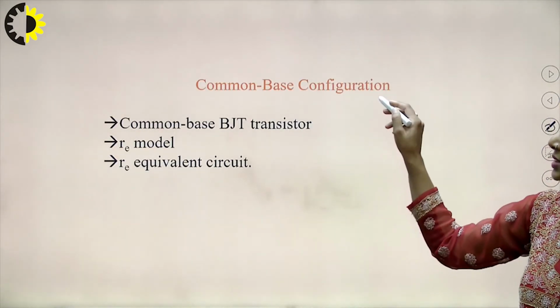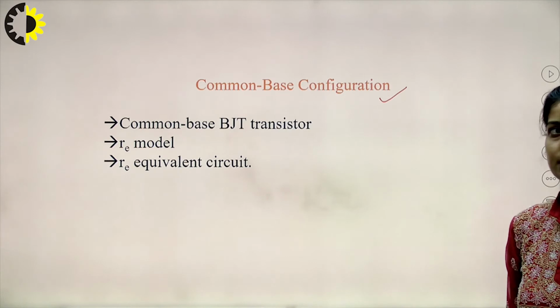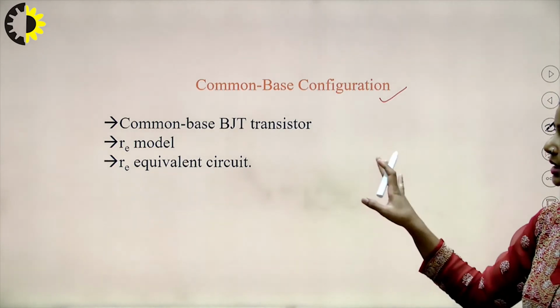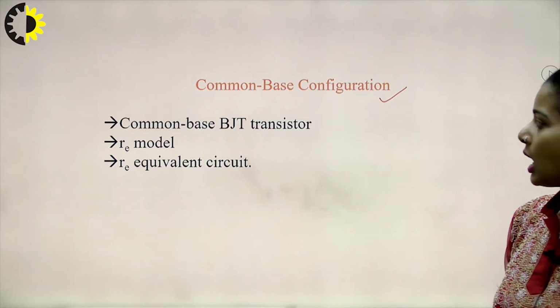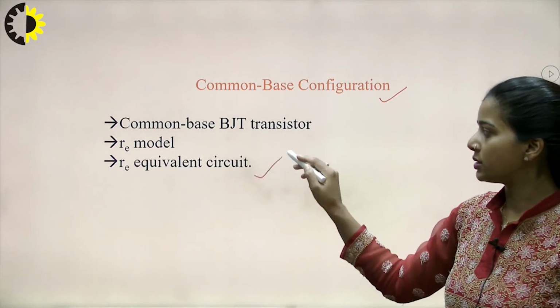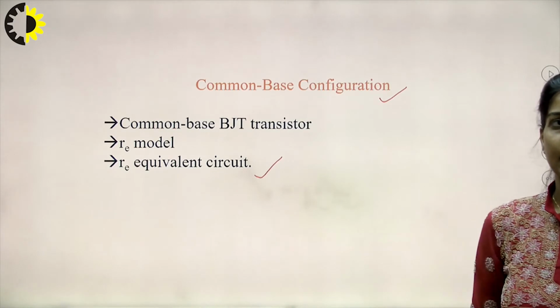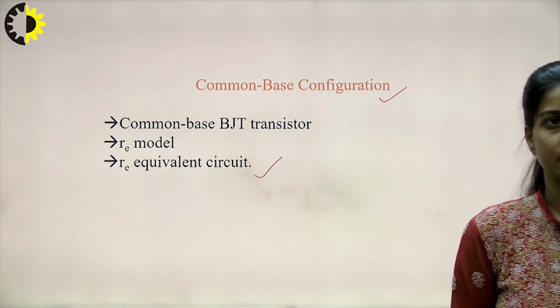First we will see the common base configuration. We will see what the re model for common base configuration is and how we can draw the equivalent circuit by using the re model of the BJT transistor.